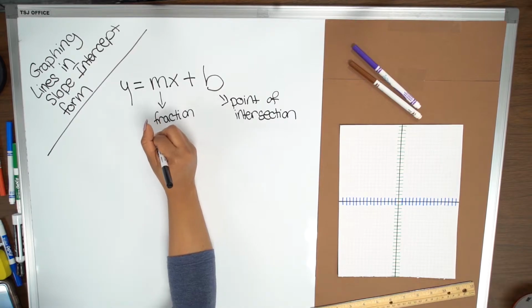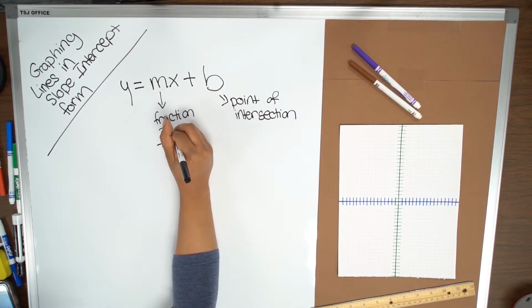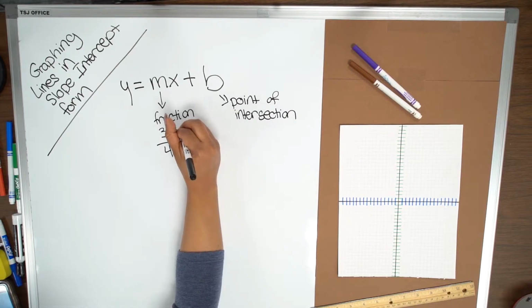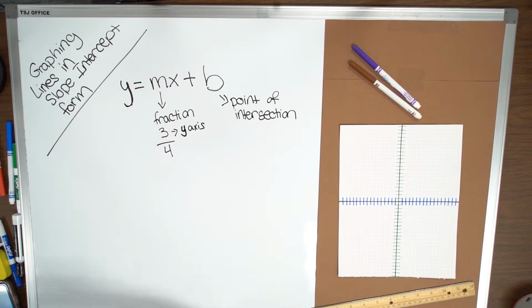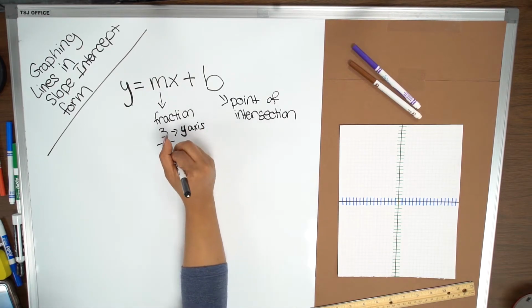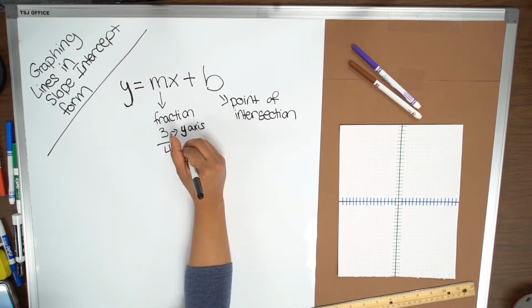And I'm just going to make up a fraction here. The top number, or the numerator, is for the Y-axis. My Y's look like 4s. I'm sorry. That's a Y. My Y's look like 4s. The Y-axis, and the denominator is the X-axis.